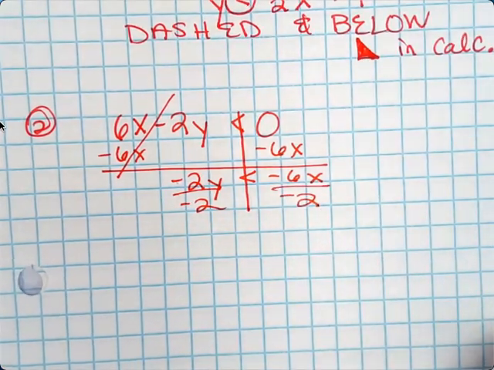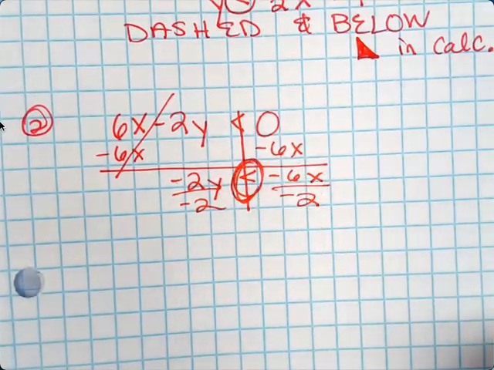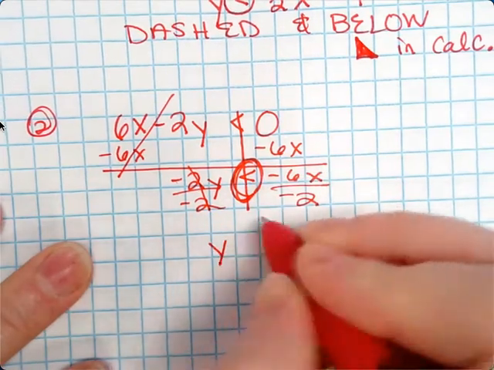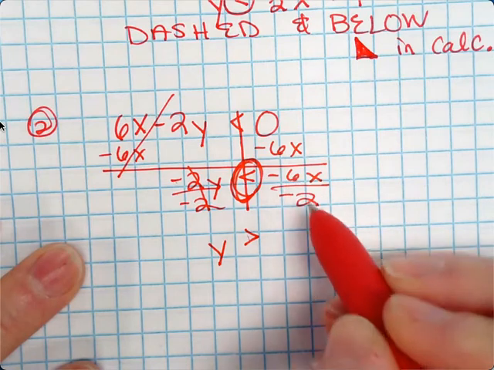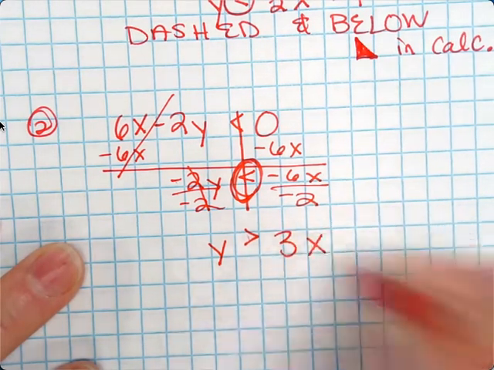But remember with inequalities, if we divide by a negative, we have to flip this sign. So it's going to be y is greater than negative 6 divided by a negative 2 is 3, so 3x.